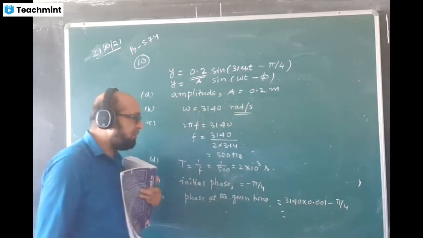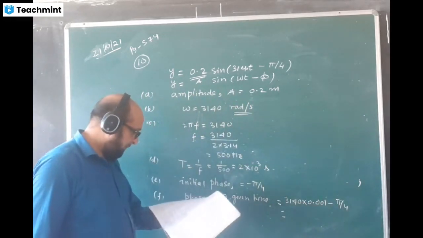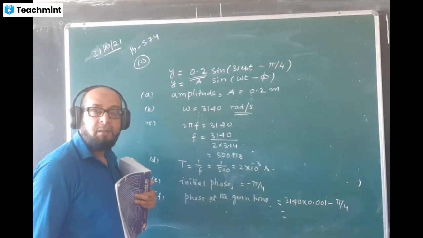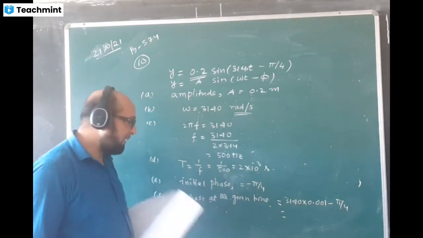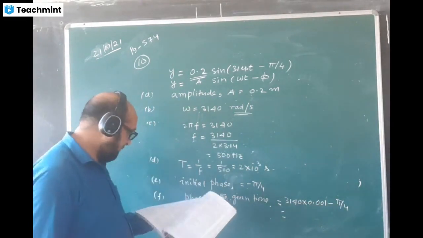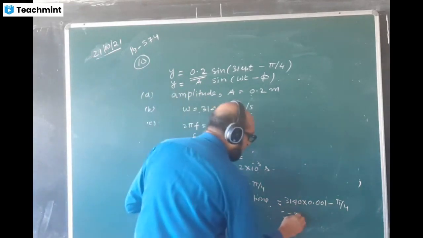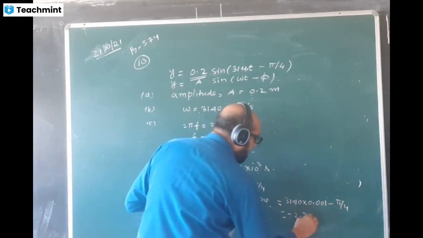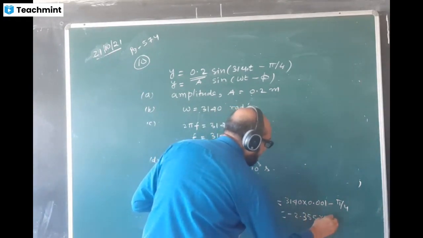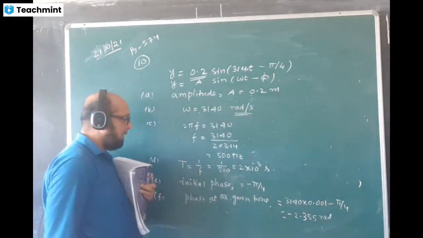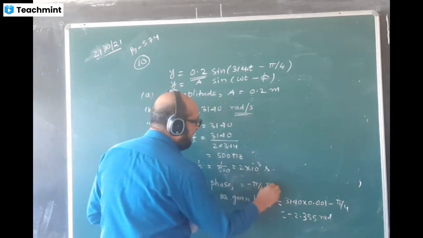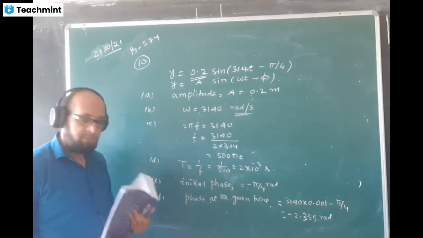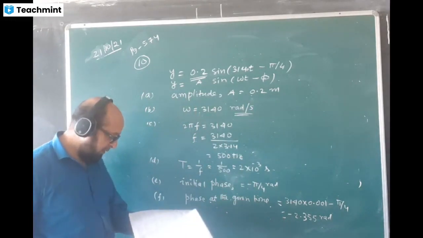And now we'll do the calculation. Here the value of pi is being put here 3.14. If you do the calculation, I'm sure your answer will come minus 2.355 radian. Initial phase unit also you can add a radian. That is answer. You can verify with calculator.